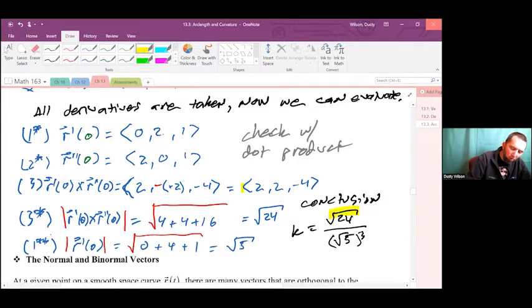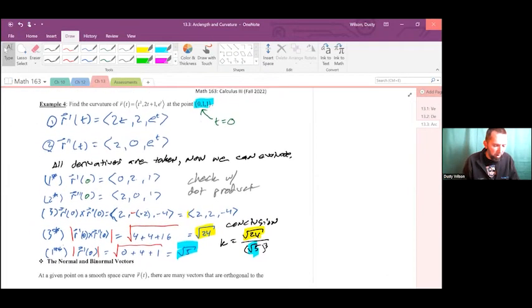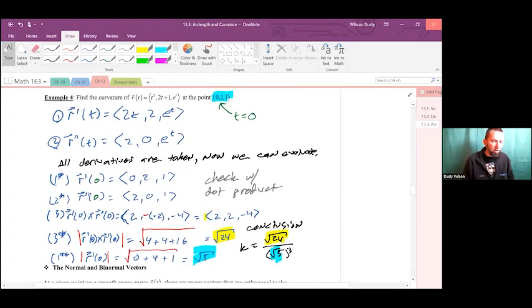And again, that square root of 24 came from here. The square root of 5 came from there. And the cube of the whole thing came from the formula. So there you have it, the curvature of this curve at the point 0, 1, 1.